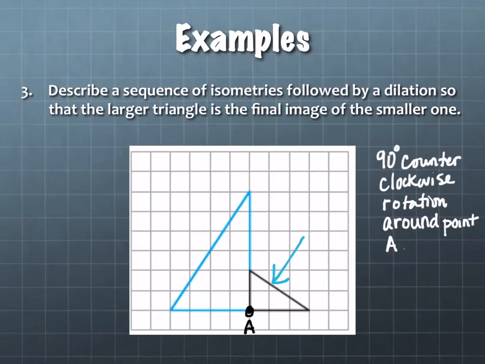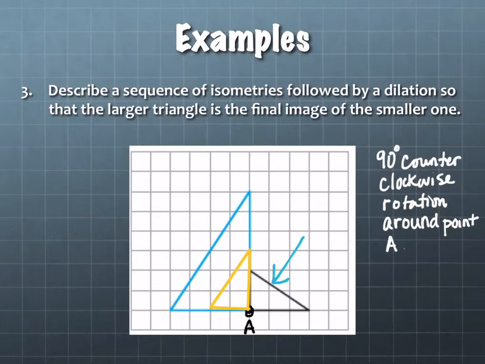That actually gets it in the right orientation, right? So if I rotated that 90 degrees around point A, the object will now be, I'll do it in yellow, here. Okay, that's the 90-degree rotation that you guys asked for.